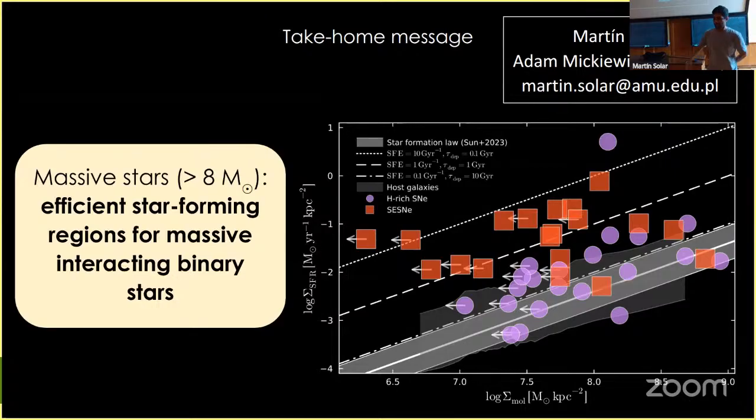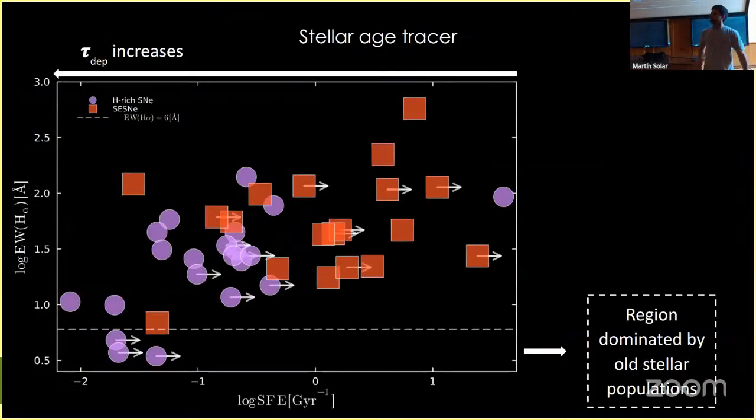So we can go to this slide. Basically, the equivalent width of H alpha measures the contribution of massive stars, which ionize and excite the H alpha, and that is dominated by massive stars.